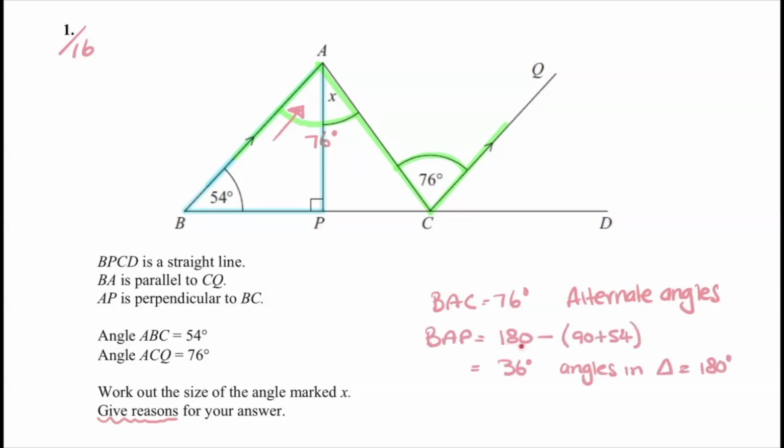So 180 for a triangle, take away the angles we know, gives us 36. And I'm marking this on the diagram so I can clearly see it. I now have everything I need to work out x. I can see that all the way across is 76. This little bit here is 36. So 76 take 36 is 40. And that is my answer.